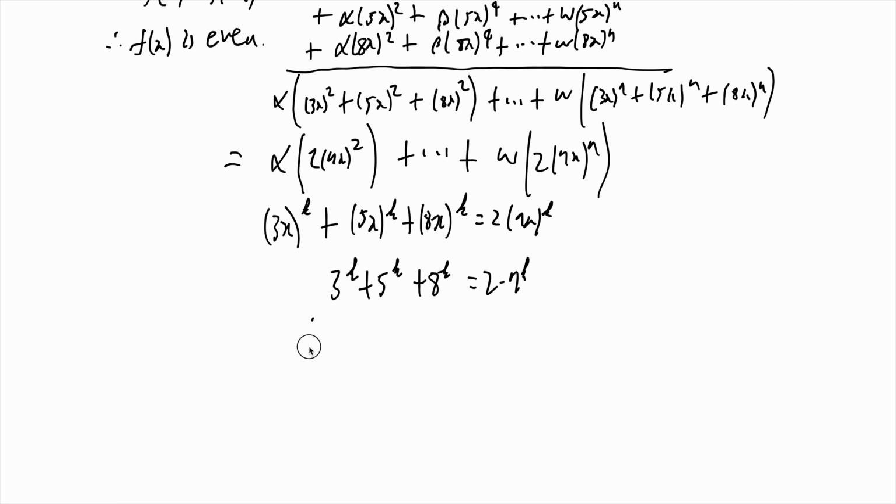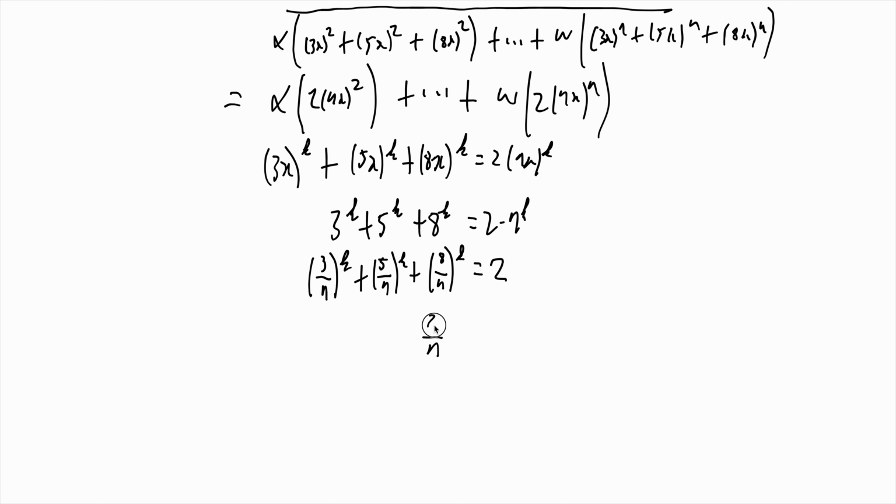So what we should do here is divide by 7 to the power of k on both sides, and this equals 2. Now if we find a k that satisfies this, we know that the k's that satisfy this equation must be less than that number.